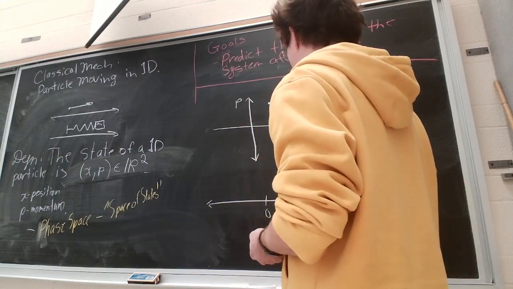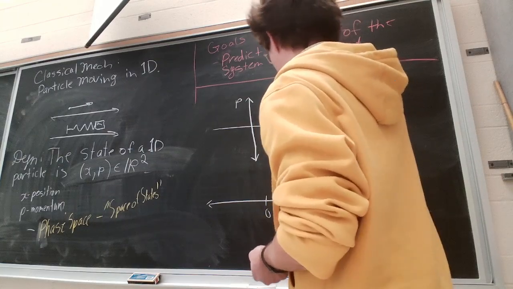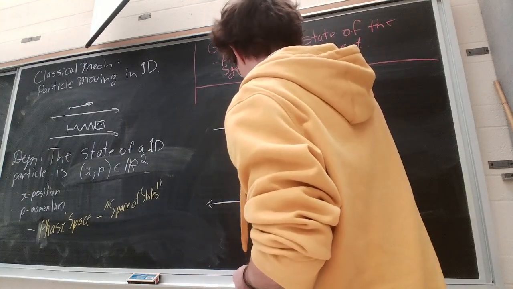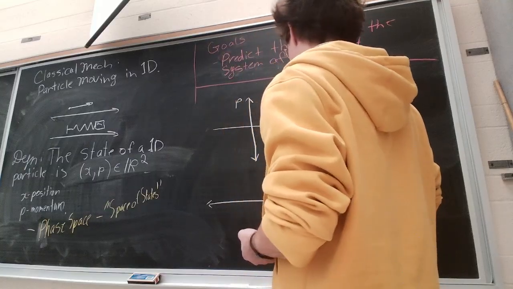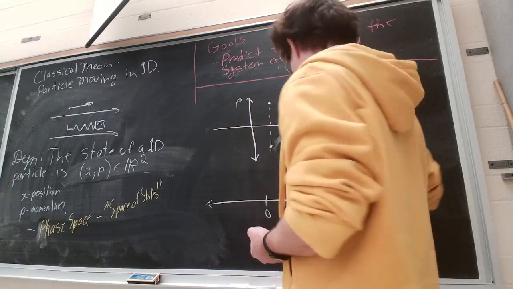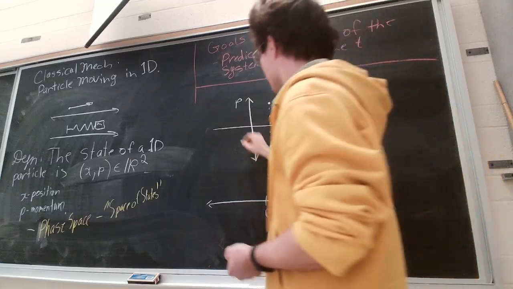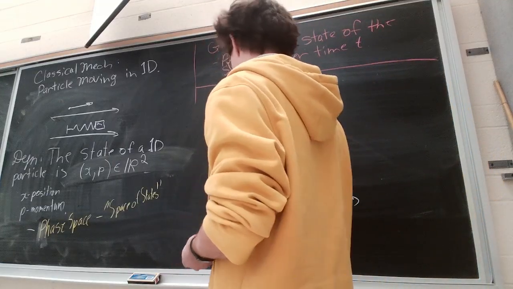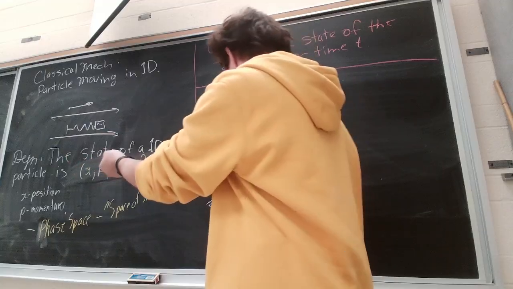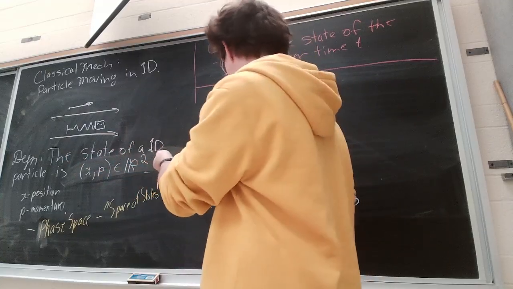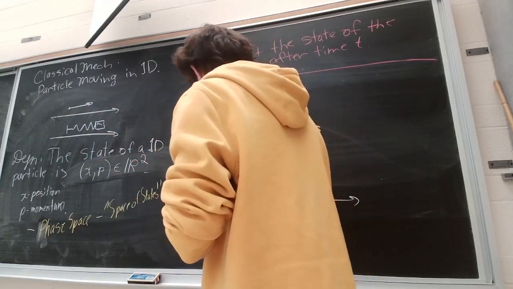If the particle was here, it's at the same x, but now going in the negative direction. If the particle was here, then it's left of the origin and going to the right.